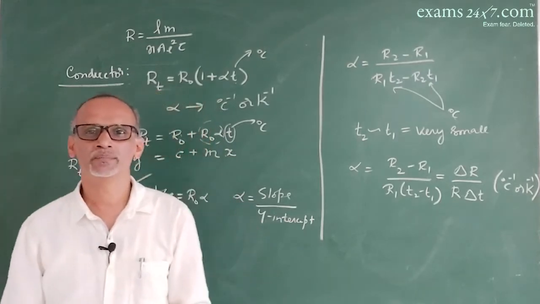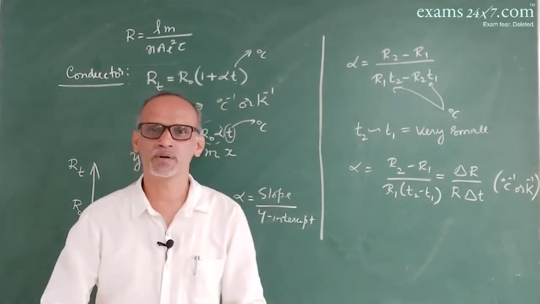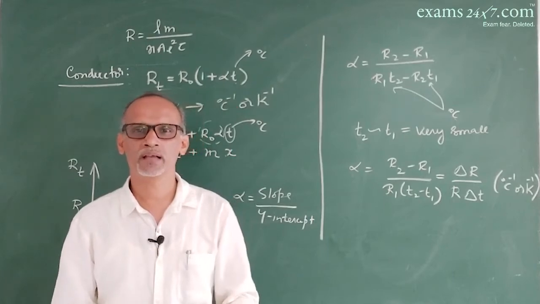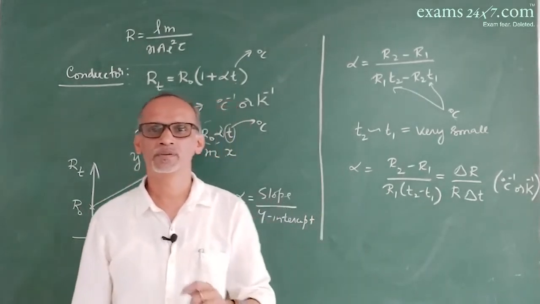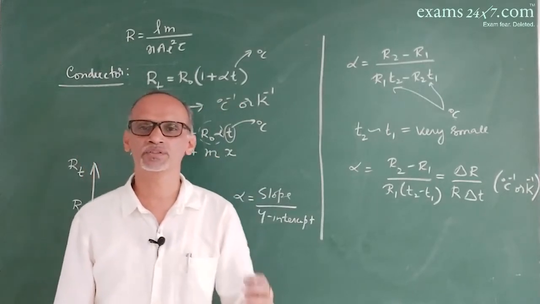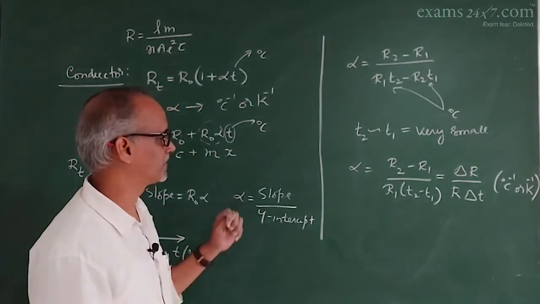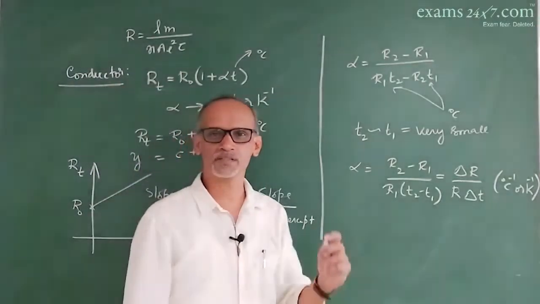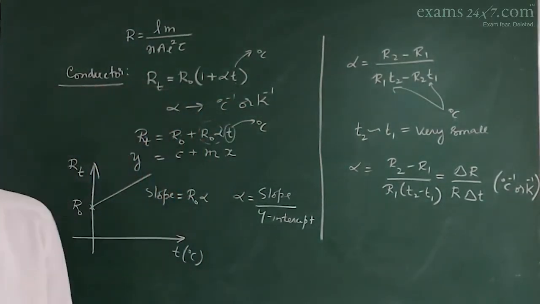That's why in making standard resistances or standard resistance boxes, materials having a low value of alpha are preferred, because the variation of resistance with temperature is very small. That is the advantage of a material having a smaller temperature coefficient of resistance.